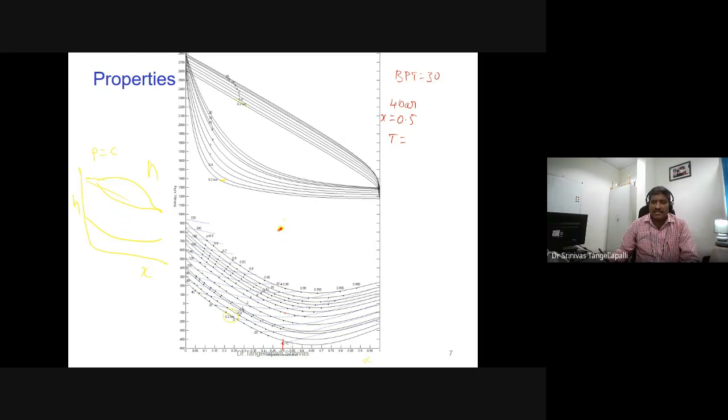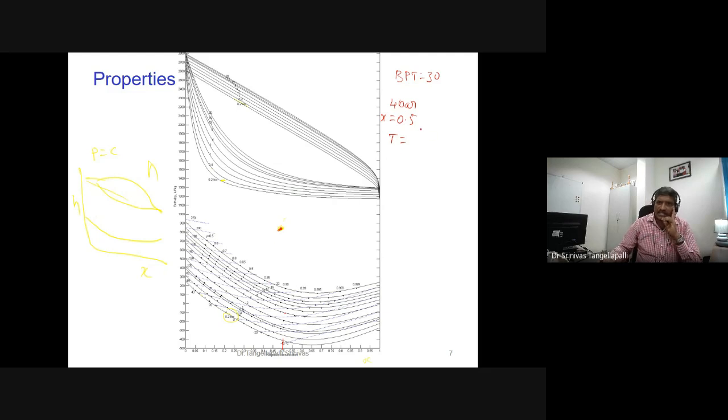Look, what about the dew point temperature? Dew point temperature means you need some work.